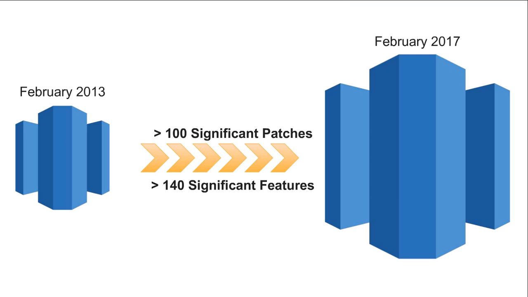Since we released Redshift, which was actually on Valentine's Day in February 2013, just a little over 4 years ago, we've done more than 100 patches now. These aren't just little bug fixes. We actually release new features every 2 weeks to Redshift.